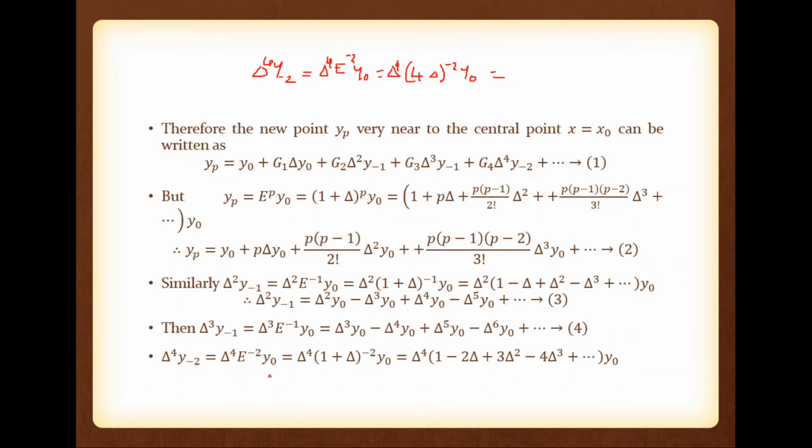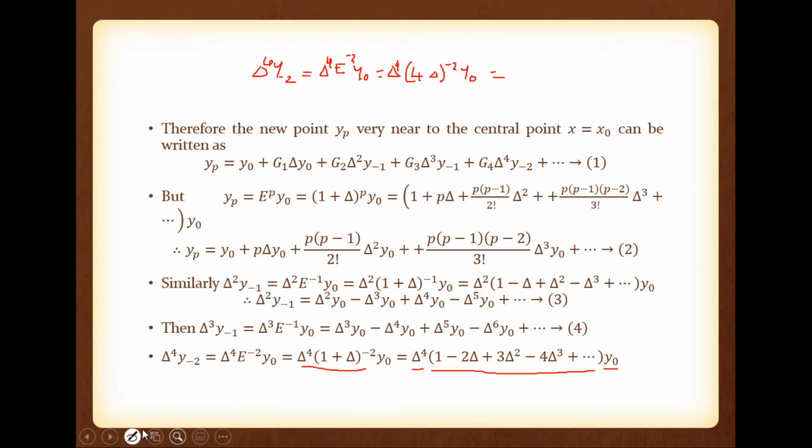So delta raised to 4 y minus 2 is equal to delta raised to 4 e raised to minus 2 y0. That is equal to delta raised to 4 into 1 plus delta raised to minus 2 into y0. Now the expansion of 1 plus delta raised to minus 2 is 1 minus 2 delta plus 3 delta square minus 4 delta cube plus etc. Outside this bracket we have delta raised to 4, then here we have y0, so we can multiply this.